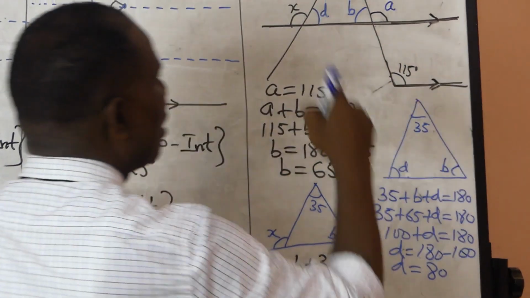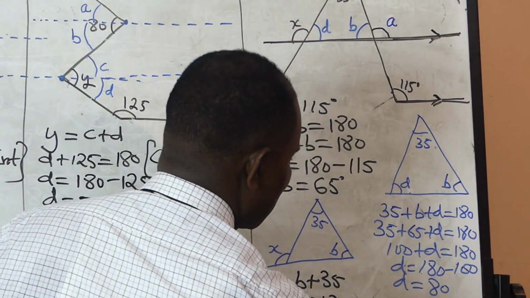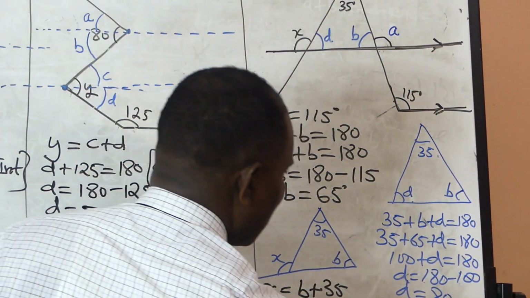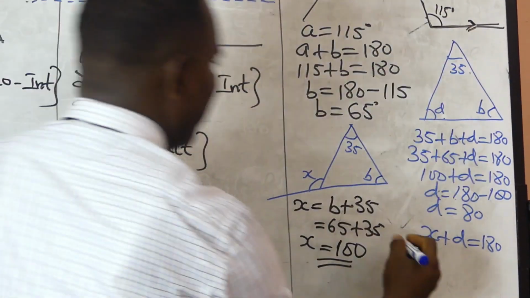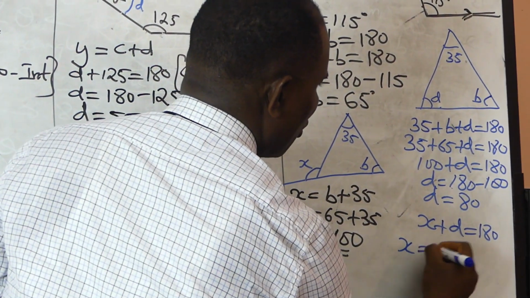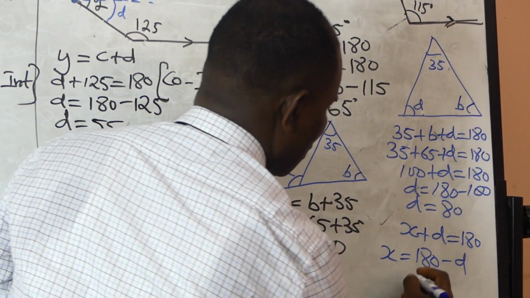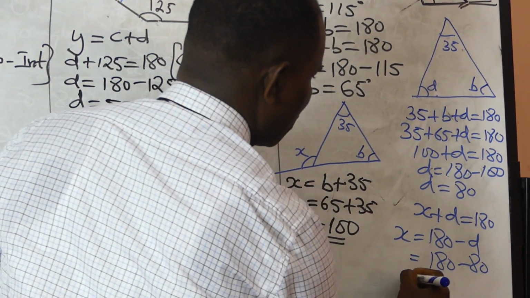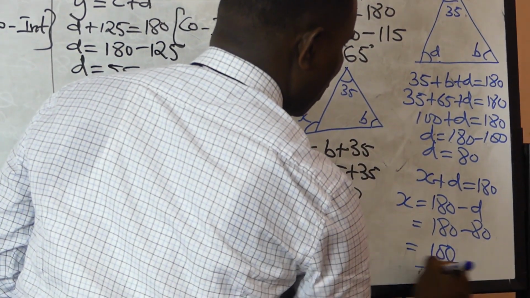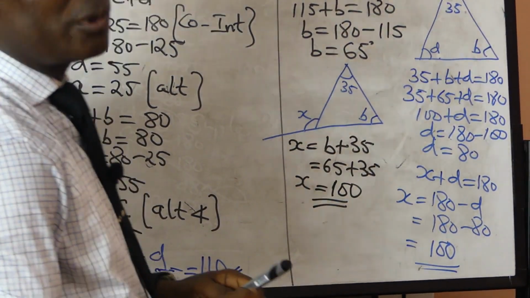Now since D has a connection with the x there, x and D are angles on a straight line. So I can now find my x. X now becomes 180 minus D. So it is 180 minus 80, which is also 100. So either way, you can get the value of x as 100 degrees.